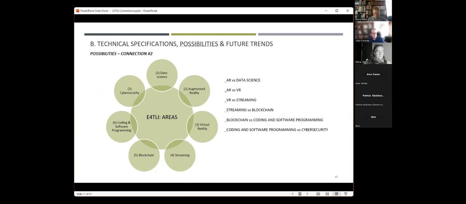So we discussed this. This was a presentation that I used in the multiplier event relating the several technologies. I evolved that, so we have now more interactions, and for each one there was an order and a logic, but I will have a small section about what the AR is concerned.